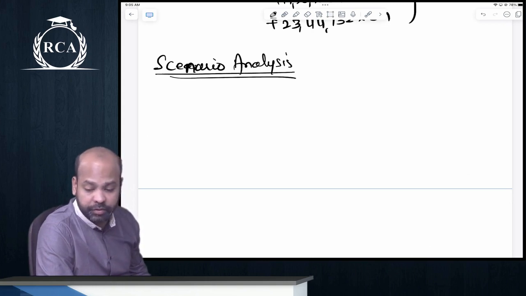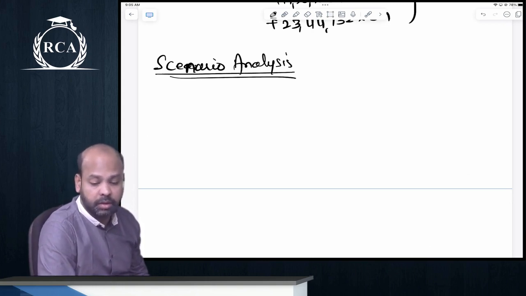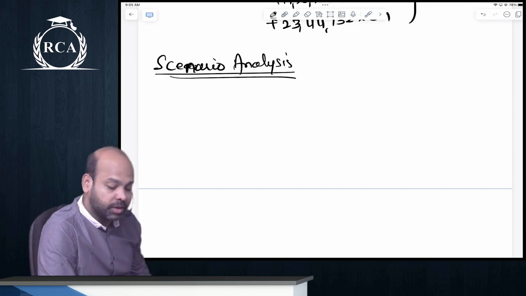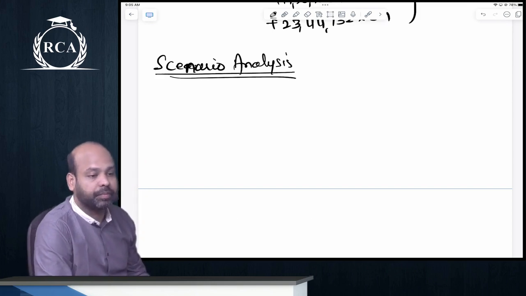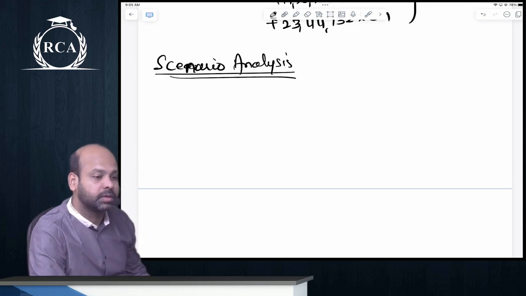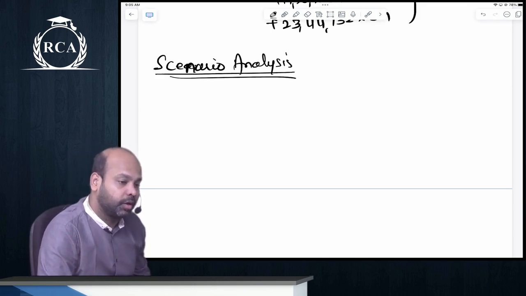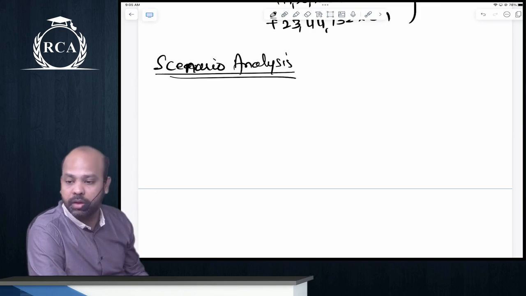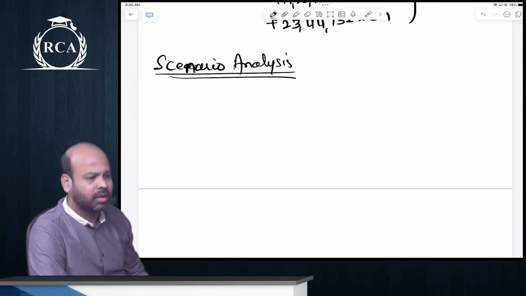For this, we need to first determine the key variables.